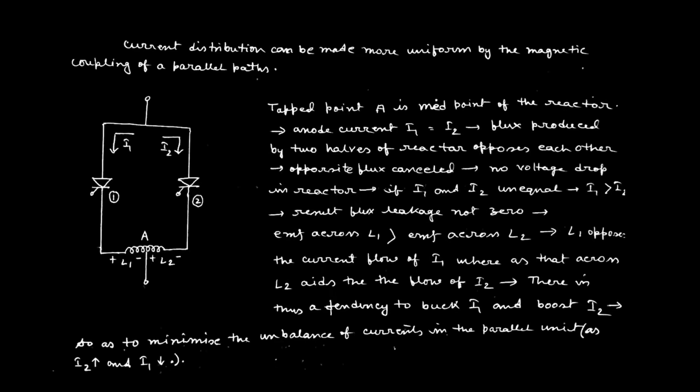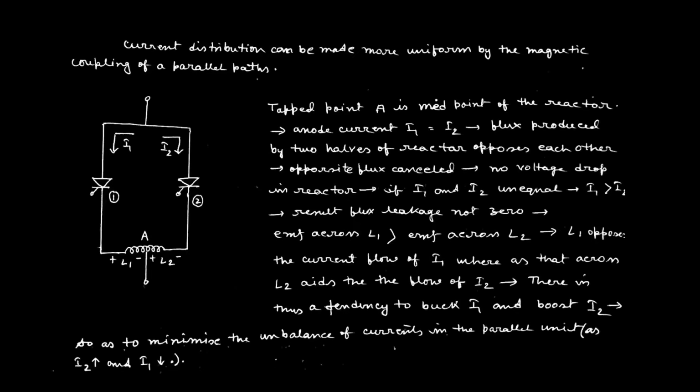That means by using this particular kind of inductor, we can share an equal amount of current between both thyristors. The current will be distributed equally throughout the string for n number of thyristors. This is called parallel operation, and in this way we can distribute the same amount of current to each thyristor in a parallel-connected string.